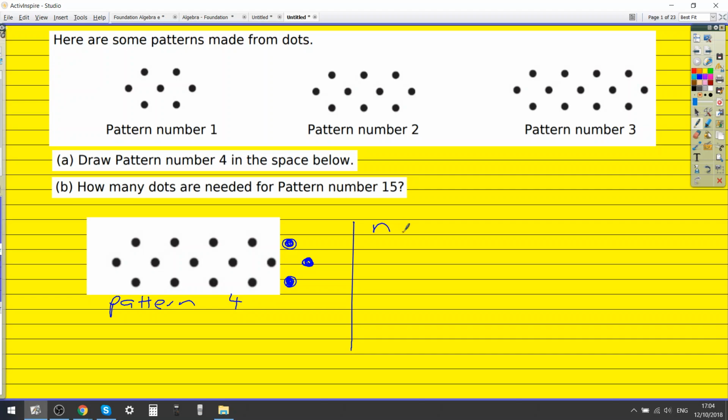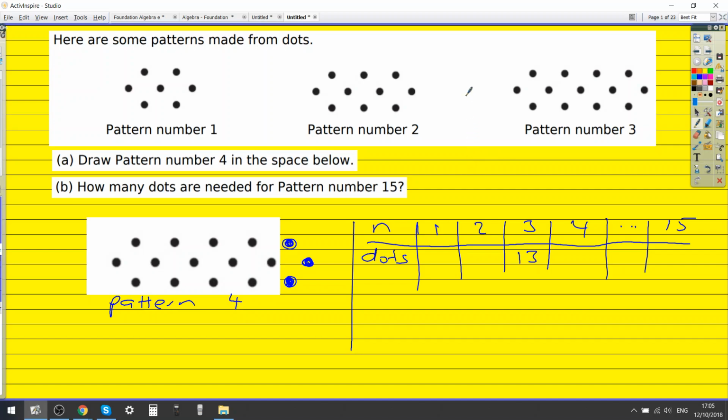So I'll write n for the pattern number, and then I'll write number of dots, and I'll make a table. So for pattern 1, 2, 3, 4, and then dot dot dot, pattern 15. So you said for pattern 3 there were 13 dots. What else can we get?